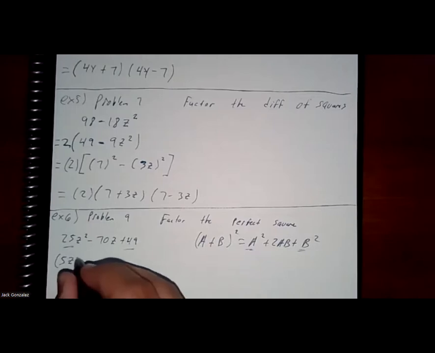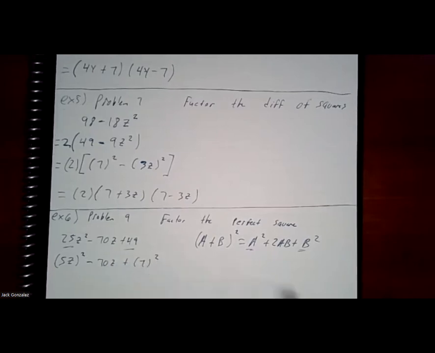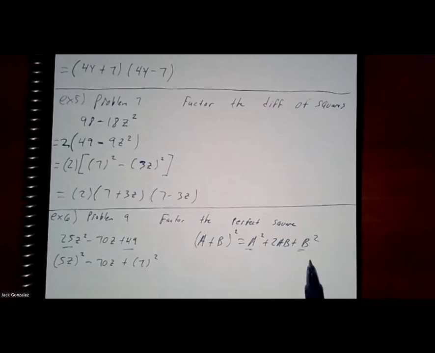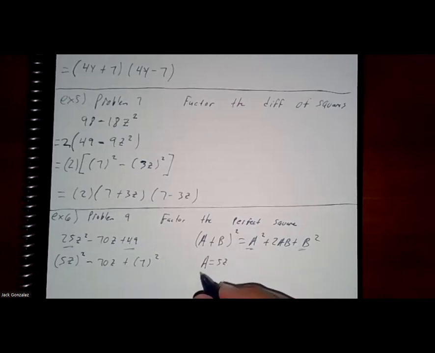So this will be 5z minus 7, 70z plus 7 squared. So I got my a squared and my b squared. So if I multiply a and b together and double it, do I get 70? A is 5z. B is 7.